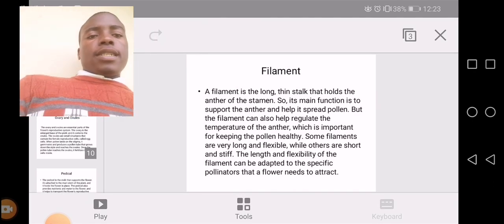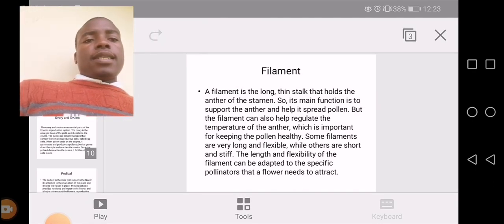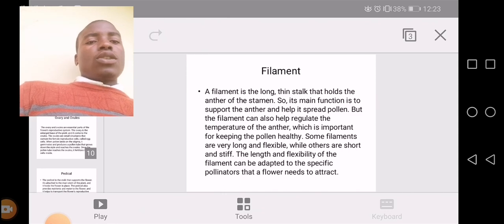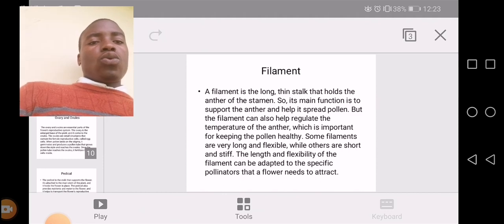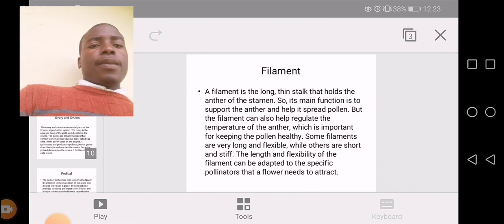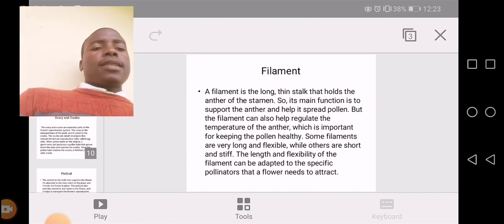We have the filament. A filament is the long thin stalk that holds the end of the stamen. Its main function is to support the anther and help it spread pollen. The filament can also regulate the temperature of the anther, which is important for keeping pollen healthy. Some filaments may be very long and flexible, while others are short and stiff.